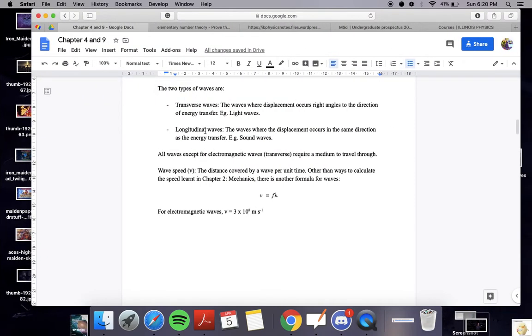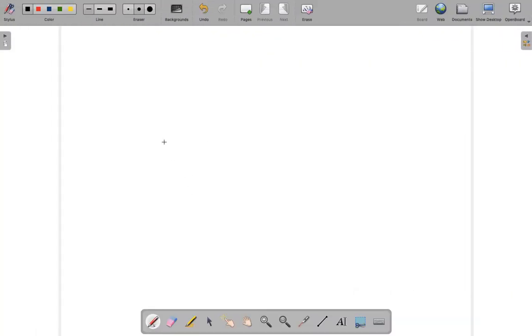Now next we have longitudinal waves. This is where the displacement occurs in the same direction as the energy transfer. An example of this is sound waves. So what I mean to say in this case, what we have is, let's say we have a bunch of air particles. There are going to be regions where they all compress together. Let's just draw some really quickly. And then regions where they are a bit more spread out.